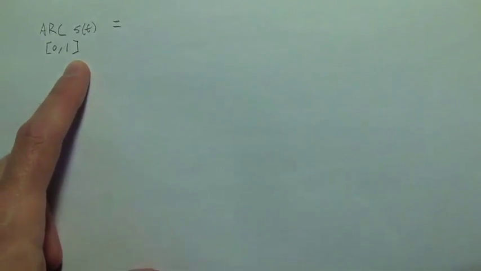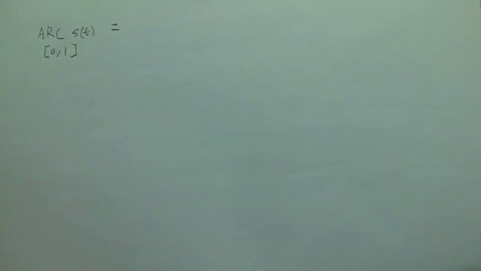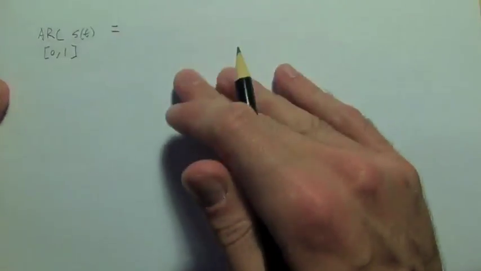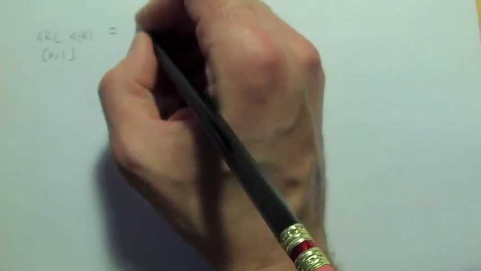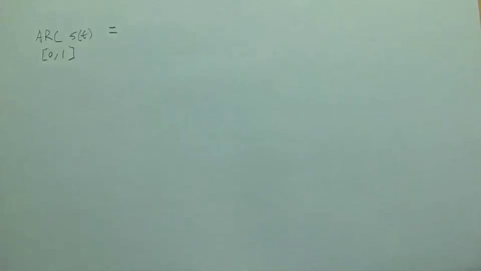Now writing this is actually optional, but I like having something to write. It just makes me feel a little better. So remember, the average rate of change is, here we can go back to the definition.